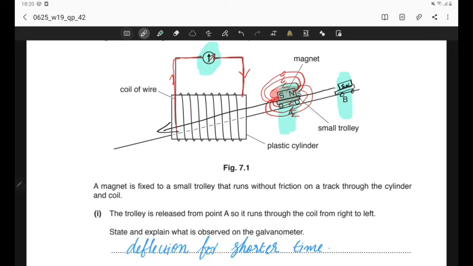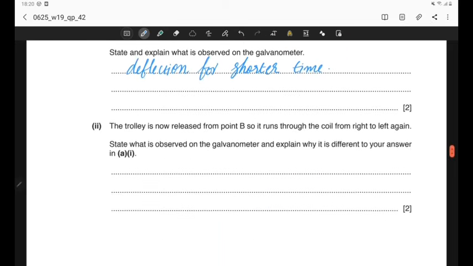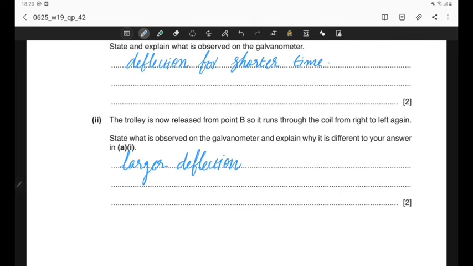When speed increases, the induced current generated will also increase, so there will be a greater deflection. So we can write down, larger deflection we can observe due to higher speed. So 1 mark belongs to larger deflection and the second mark for high speed.